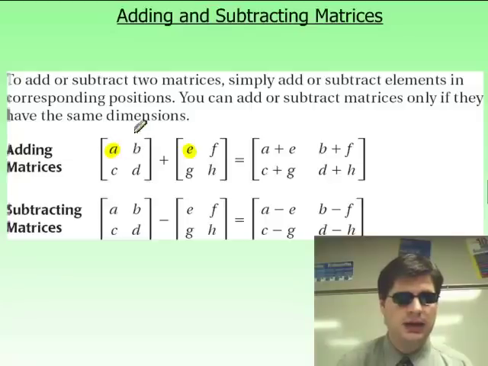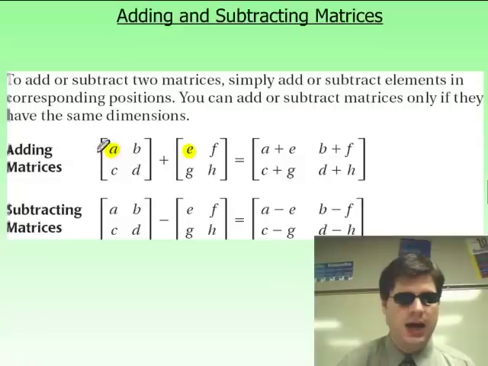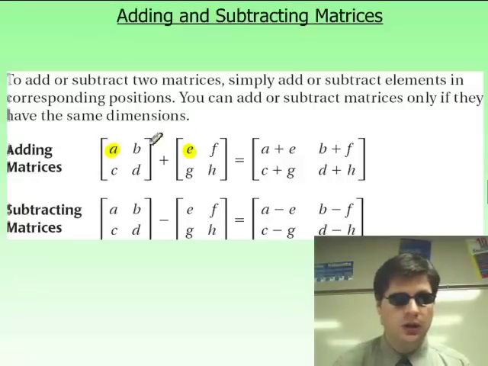So, for example, if I'm adding this 2 by 2 matrix with this 2 by 2 matrix, I'm going to add the 1, 1 element, first row, first column of the first matrix, to the first row, first column element of the second matrix, and we just add them together, so it'll just be A plus E, and then each thing will correspond. And subtraction is the same thing, except we're just going to be subtracting each of these elements.